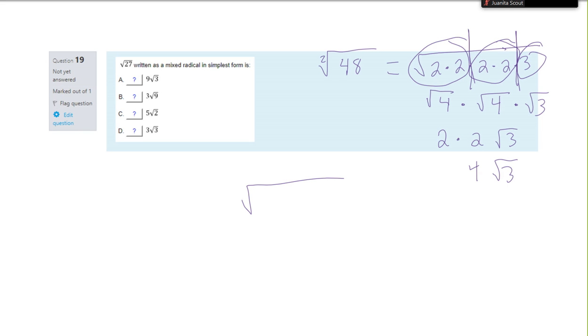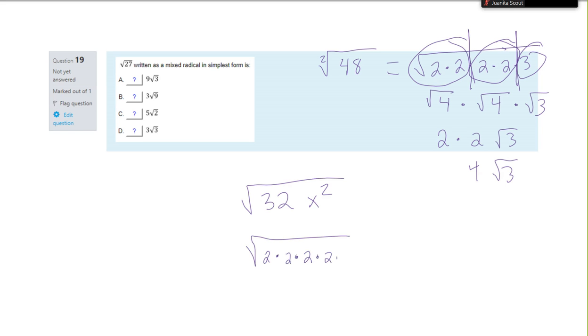It could even have variables in there, like say it was 32x squared or something like that. That's fine too, because we can treat the x like it's a number. So 32 is 2 times 16. 16 is 2 times 8. 8 is 2 times 4.